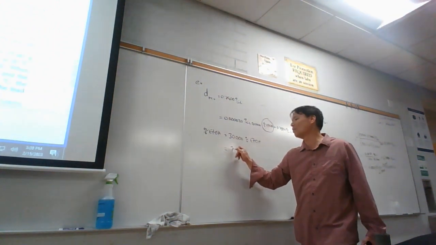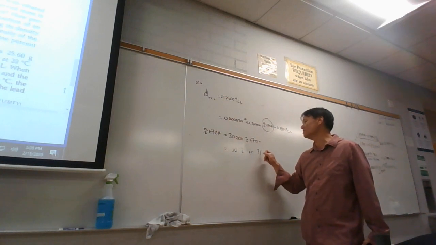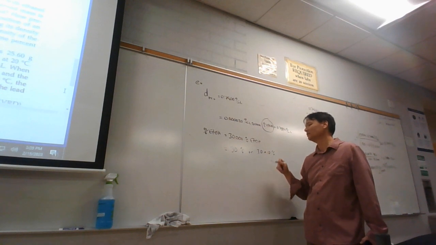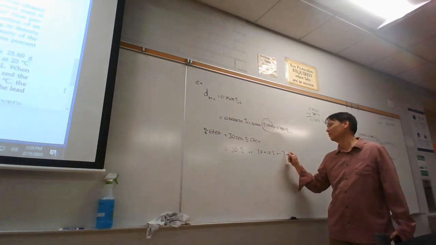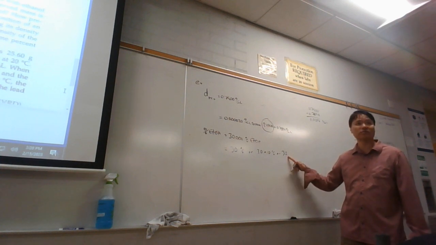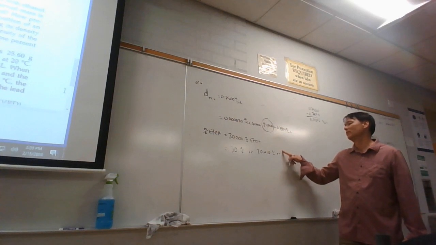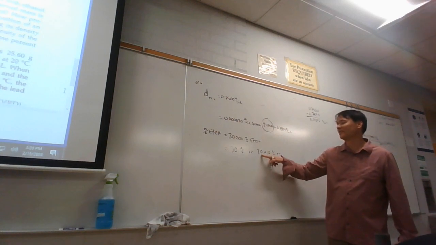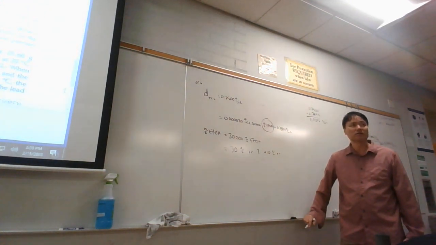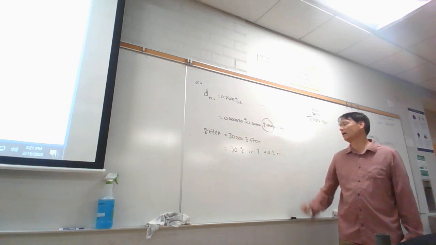So if I'm only allowed 1, I leave it like 30%, or 3.0 times 10... Actually, no, that would be 2 sig figs, right? It'd just be 3 times 10 to the first percent ethanol.